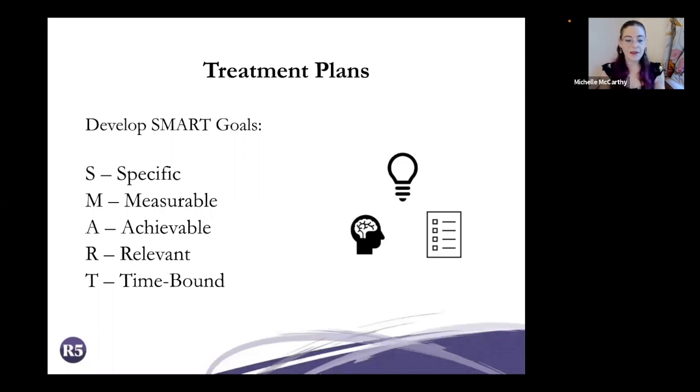So Ashley says, I want to decrease my depressive symptoms. And that's a great place to start. That's a great big overarching goal. That's not a very good objective because it's not specific. I can't measure it. I don't even know how achievable that feels, right? I just want to be less depressed. And it's not time bound either.